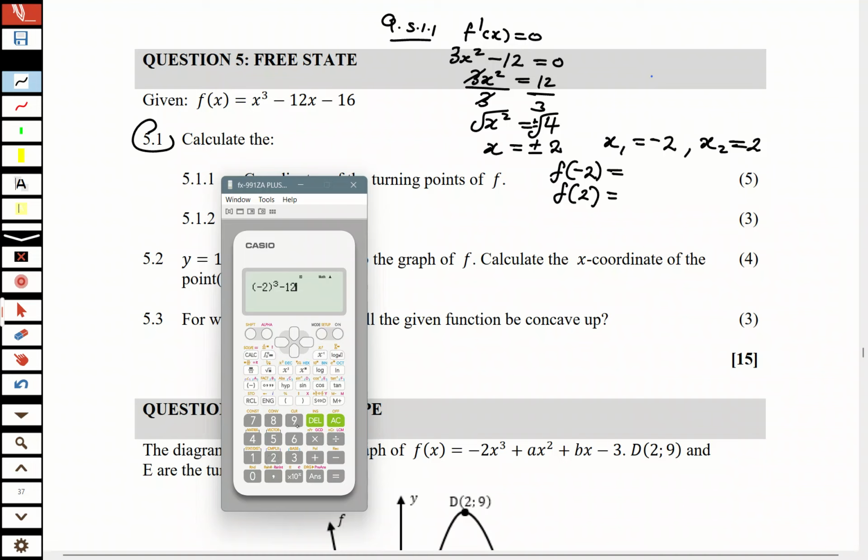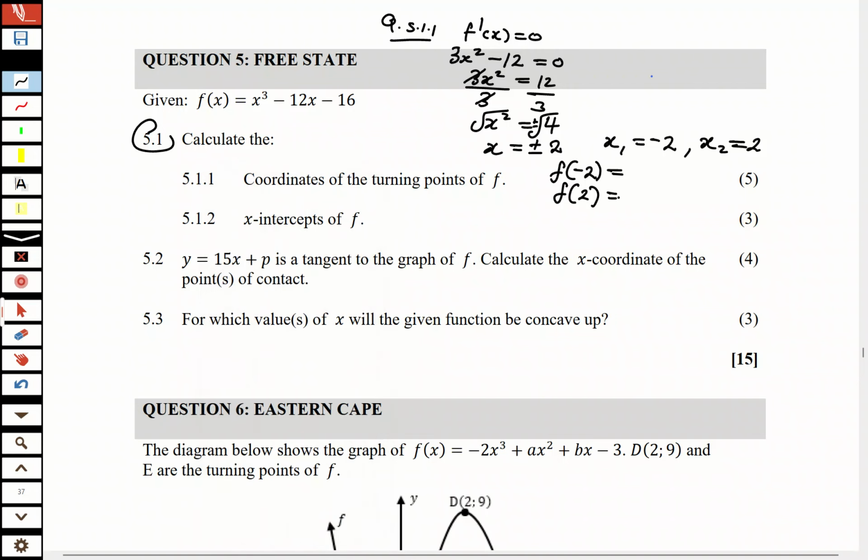So you have something like this, then minus 16. This is 0, no? And then now let's place 2. This is negative 32.